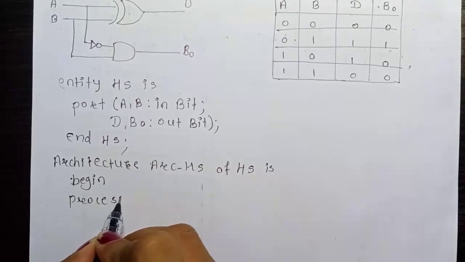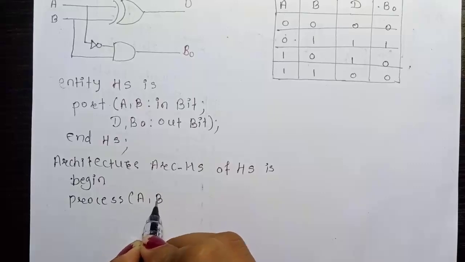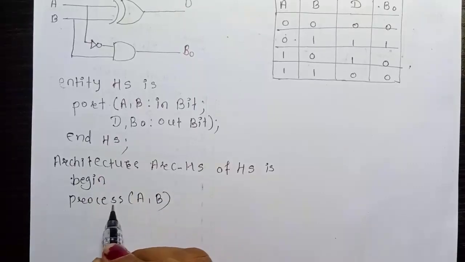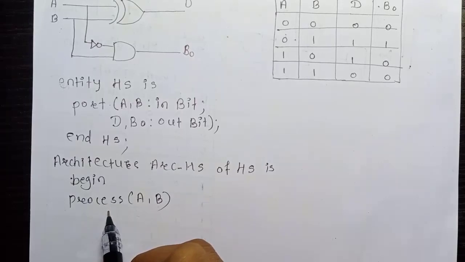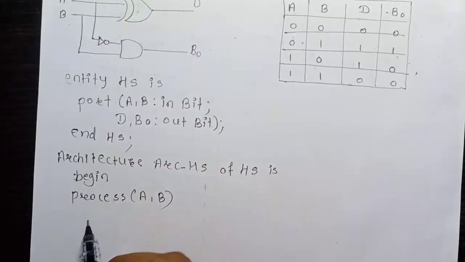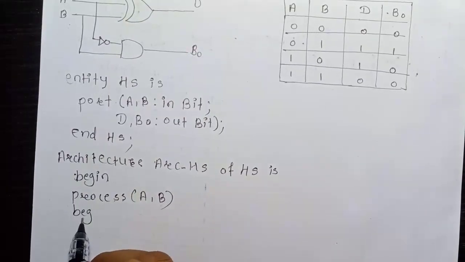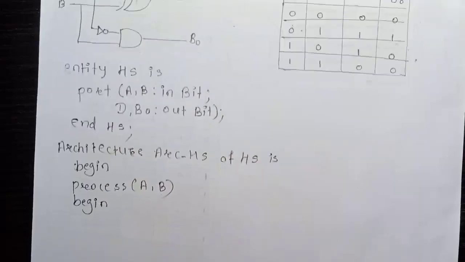Process A comma B. As there are 2 inputs, that's why process A comma B. These two are the input ports. And when we use if else condition, that time we have to use process, otherwise not. So begin process A comma B. Again keyword begin.